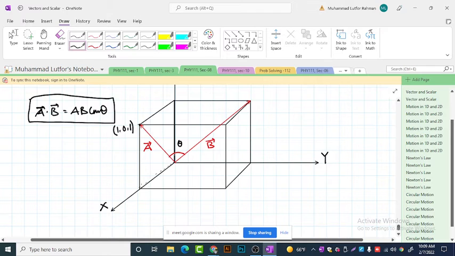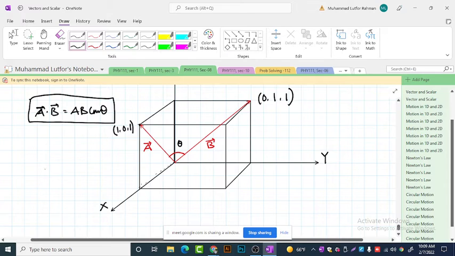Then the coordinate of that point is 1 0 1, right? By the same analogy, the coordinate of this other point is going to be 0 1 1. Am I right?